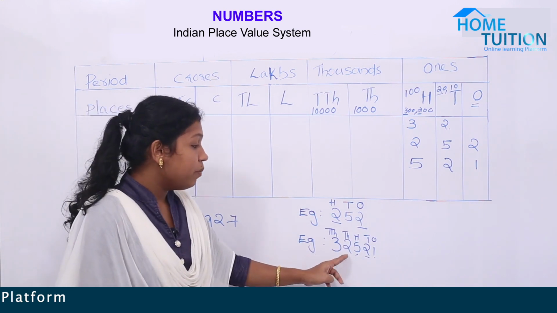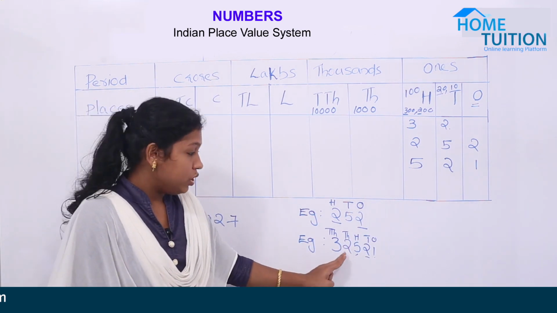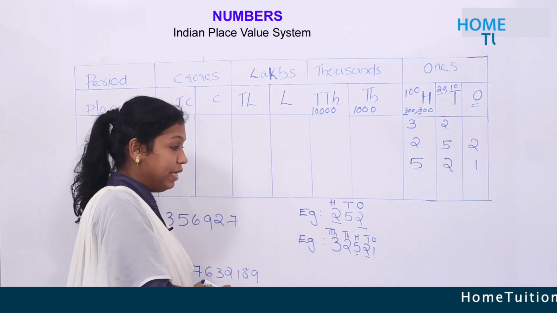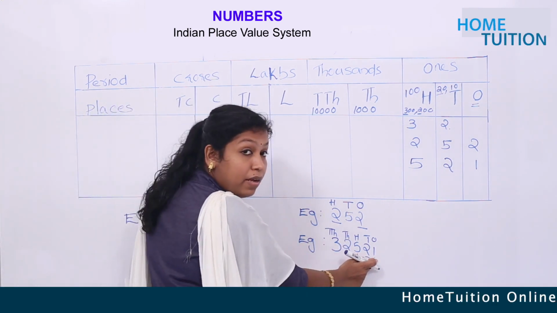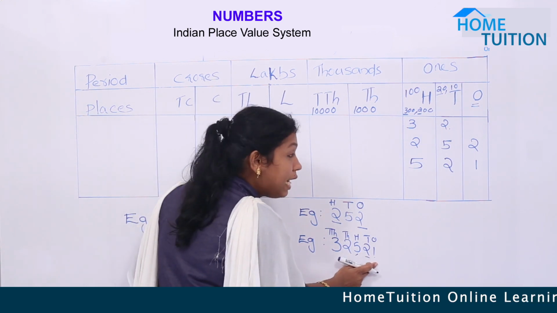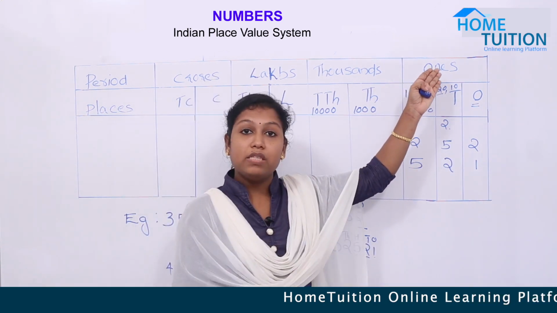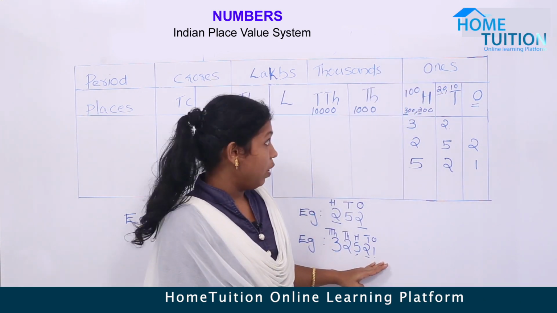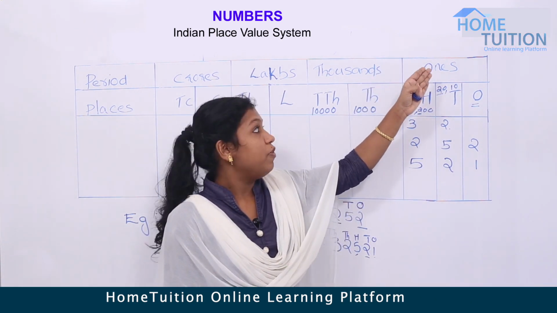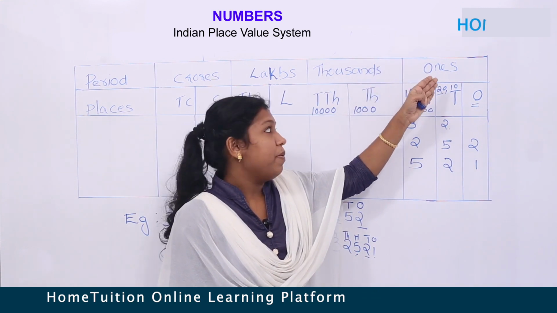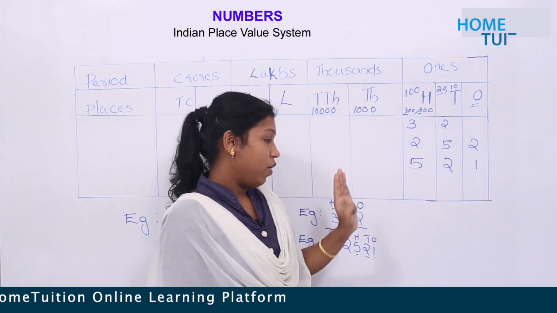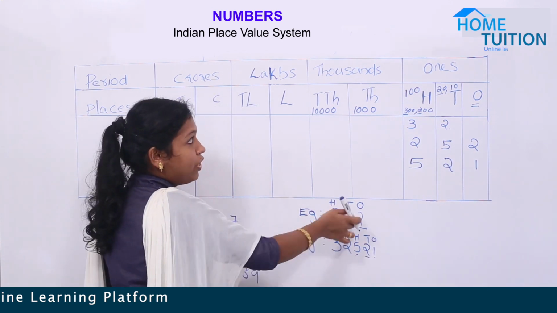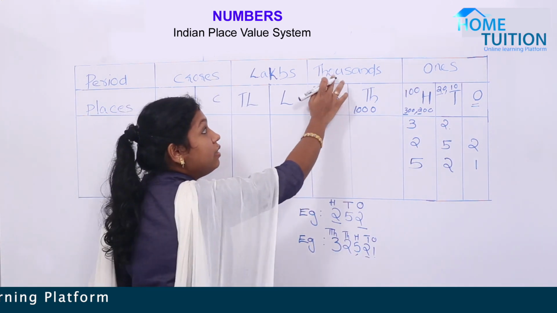Then the next number is 2, which is in another period. The first three places belong to the ones period, which is the first period. Then the fourth number is 2, which comes from the thousands period. The thousands period has thousands first, then ten thousands second.